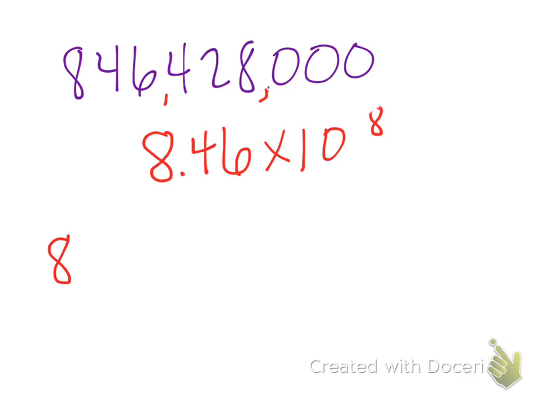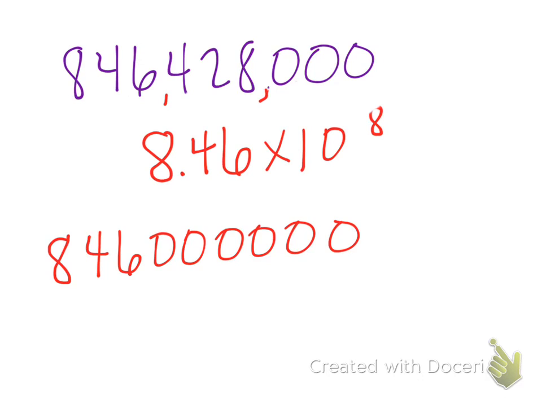When I expand this number back out, 846 times 10 to the 8th, I'm losing a lot of the exactness of my number. This was my original number, and this is what I'm representing with this scientific notation. The fewer significant figures we have in scientific notation, the more exactness we take away from our number. But that's just how it goes.